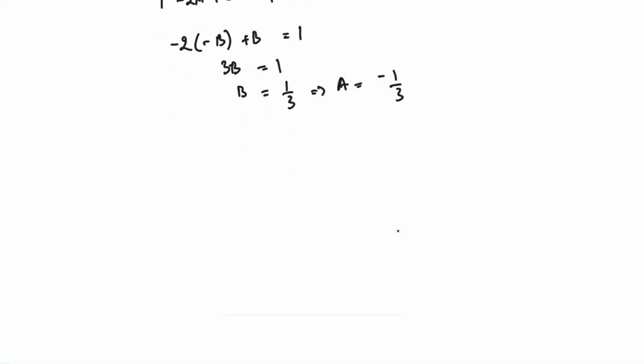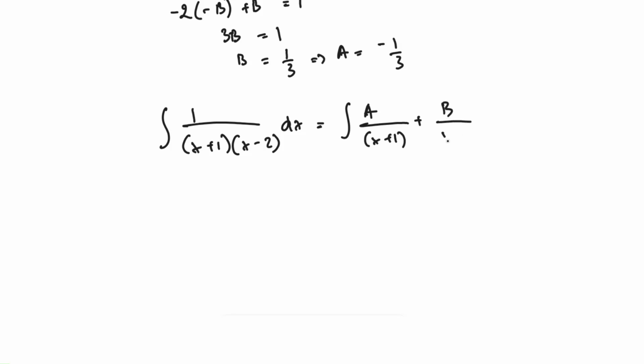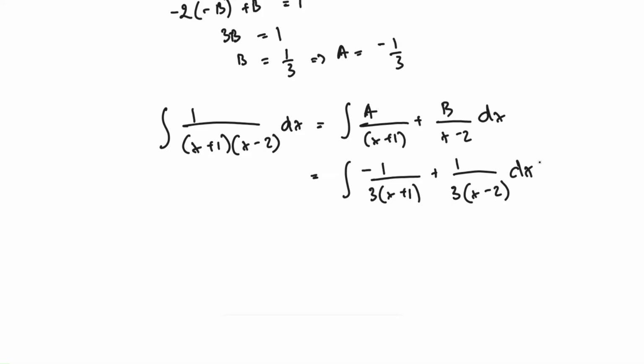So the integral of 1 over (x plus 1)(x minus 2) dx is going to be the integral of a over x plus 1, plus b over x minus 2, dx. Here a is negative 1 over 3, so it's negative 1 over 3 times 1 over x plus 1, plus b is 1 over 3, so 1 over 3 times 1 over x minus 2 dx.